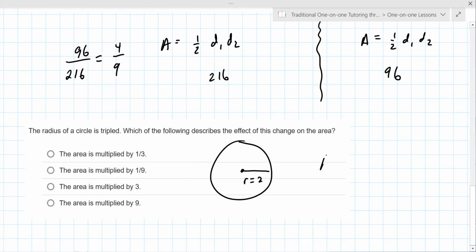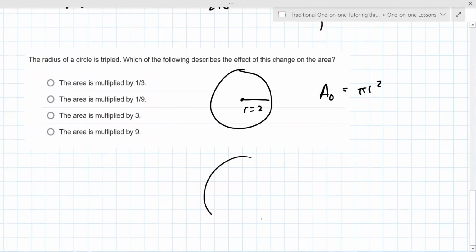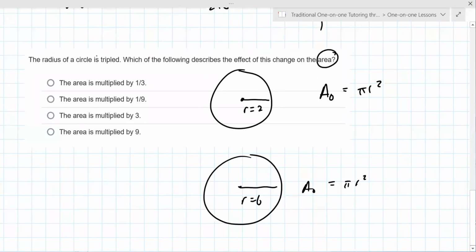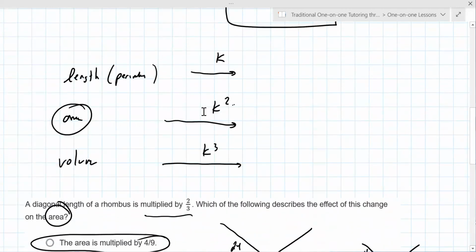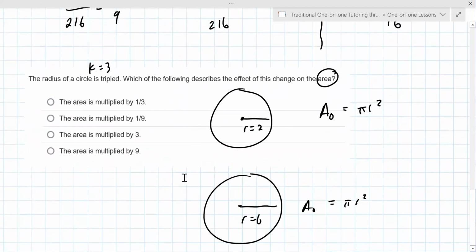That's tripled, so that's 6, so the new radius is 6. Now, before we do these calculations, the K is 3. So what should the new area be? It's K... wait, back up. That should be 9. Should be 9, right? So now let's verify that.